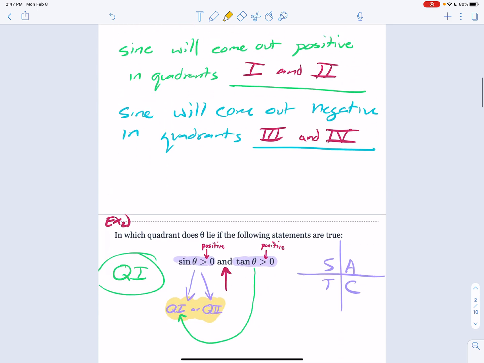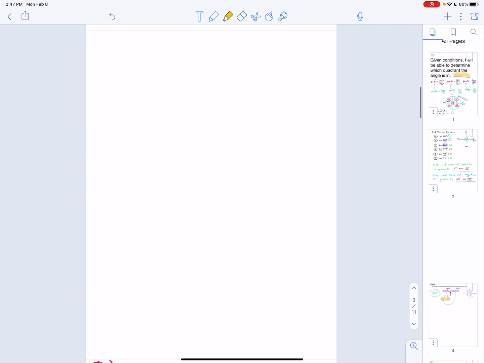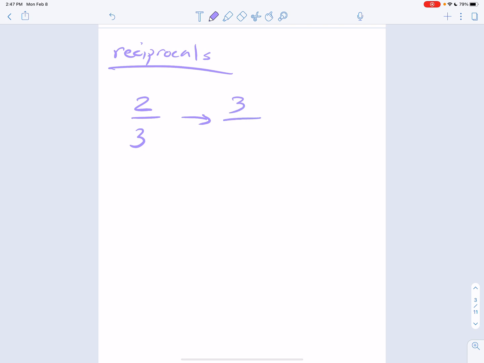So here's my question to you guys. Okay, quick side note about reciprocals, just so you guys know. So for instance, 2/3, the reciprocal of 2/3 is 3/2. Okay. 1/4, the reciprocal is 4/1, or just 4.